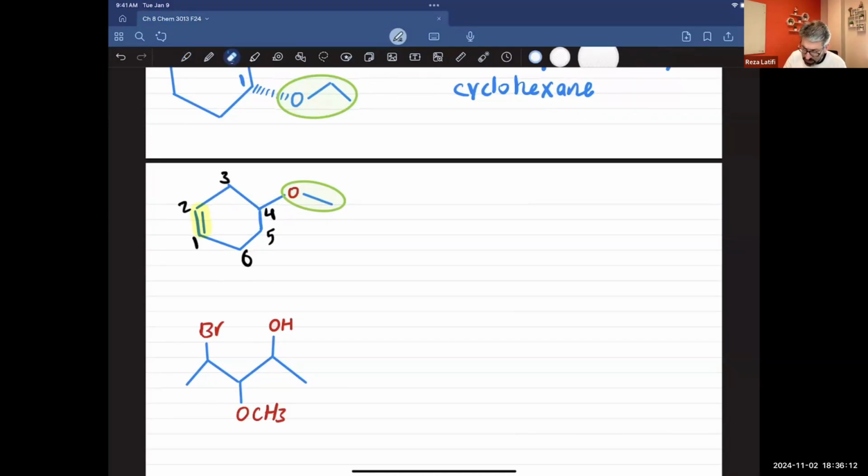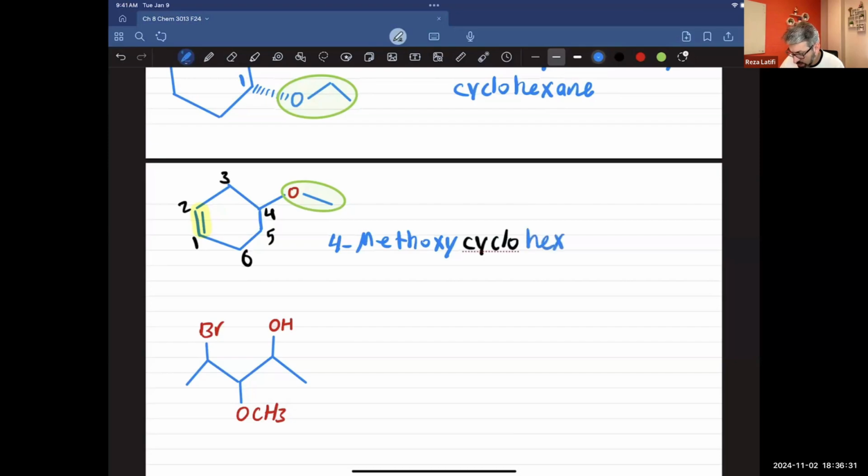So in this case, on the fourth one, we have a methoxy group. So I say 4 methoxy, and then cyclo, and then hexene because we have a double bond. And no need to say the position of the double bond because we already said how far the methoxy group is from the double bond.